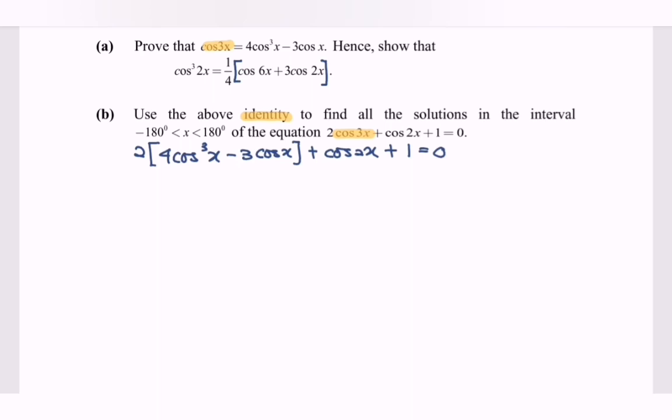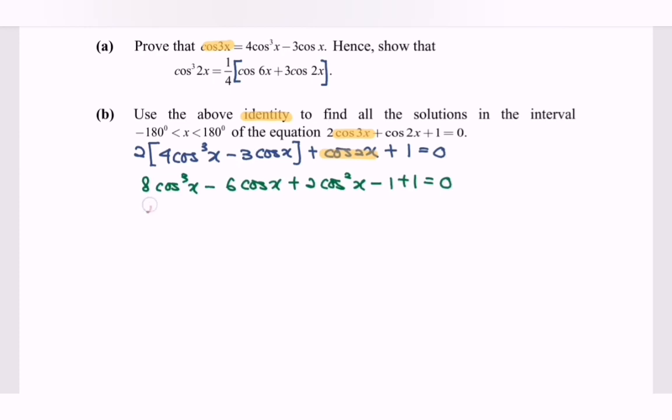Next, what we have to do is to replace the situation so that the cos 2x becomes x for the angle. So 8 cos cube x minus 6 cos x by using the double angle plus 2 cos square x minus 1 plus 1 equals to 0. Kindly simplify the situation.